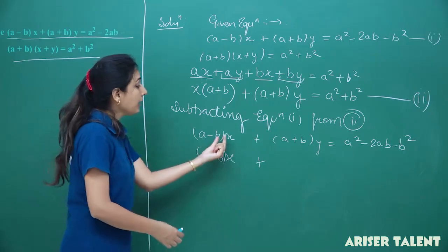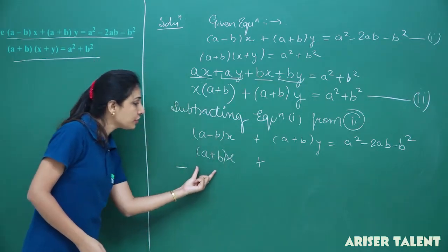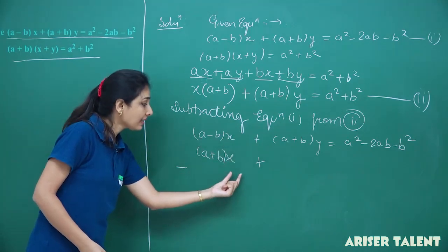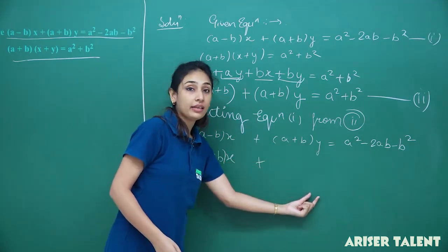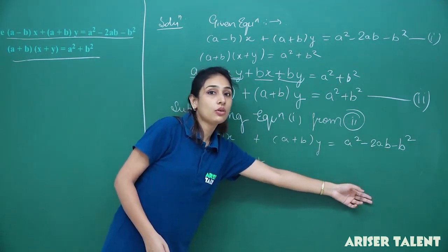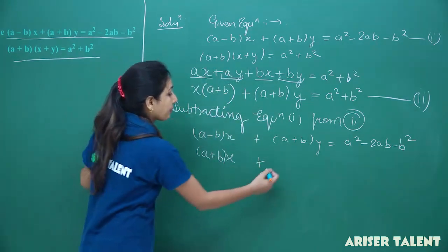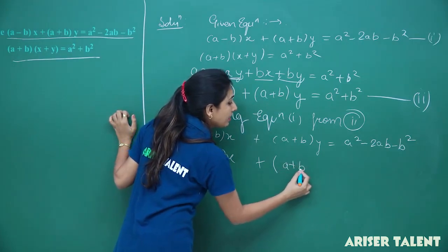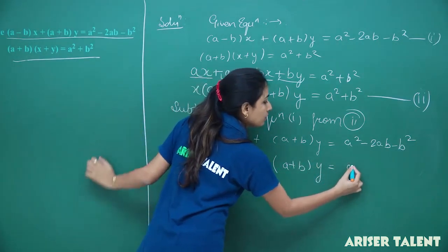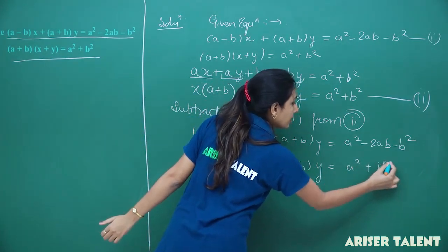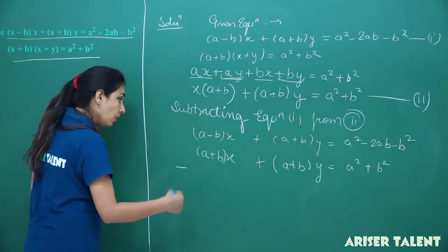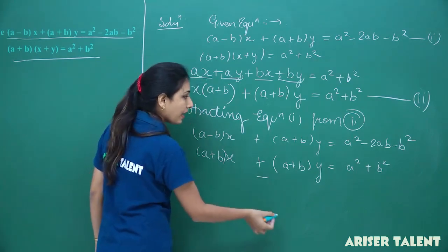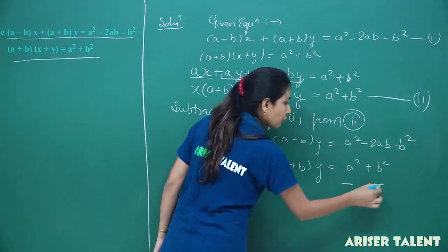Arrange these coefficients and these variables, the variable x here and x here, then y here and y here, then the constant terms here and the constant term there, okay, plus this (a plus b)y equals a square plus b square. Now it will give you minus, minus, minus, and minus.